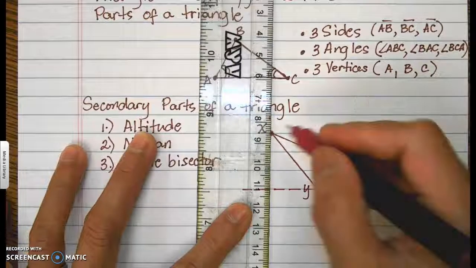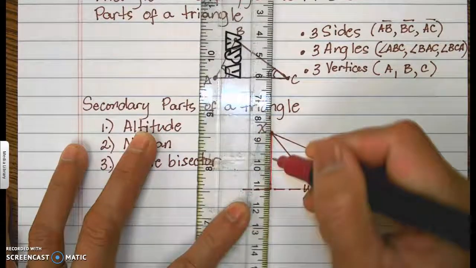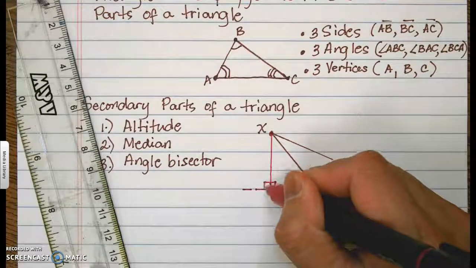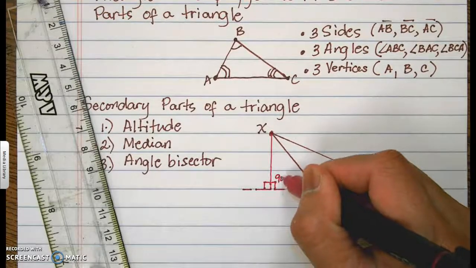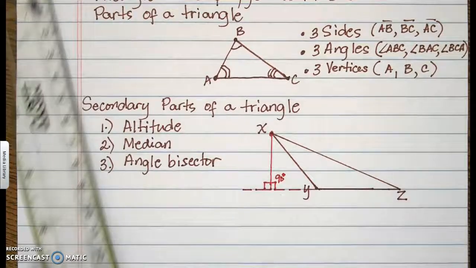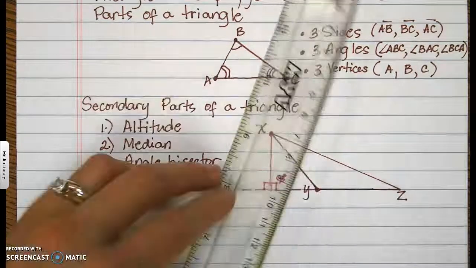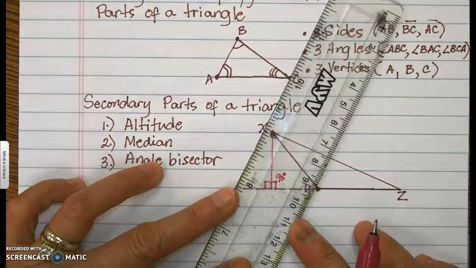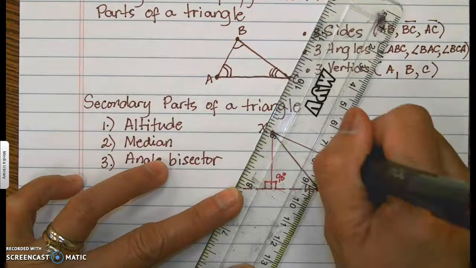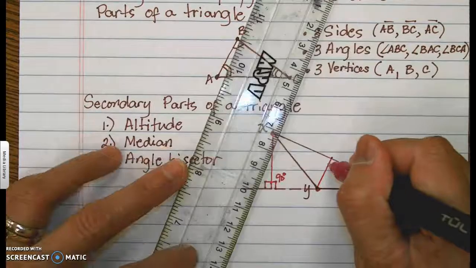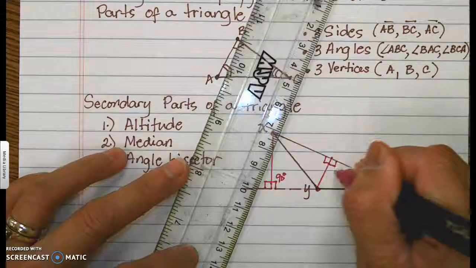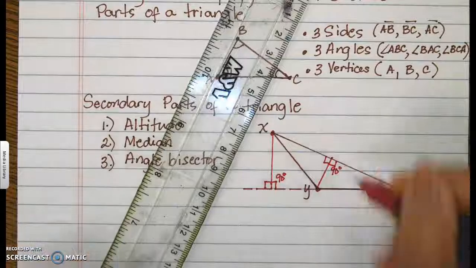We will approximate this to be the perpendicular segment. So that's one altitude. We're going to assume that that is 90 degrees. The second altitude will come from this vertex, and we will draw a perpendicular segment through here, and we will assume that this is 90 degrees.